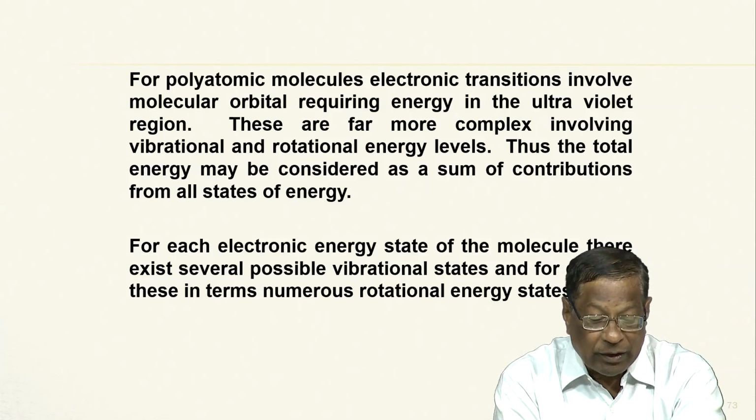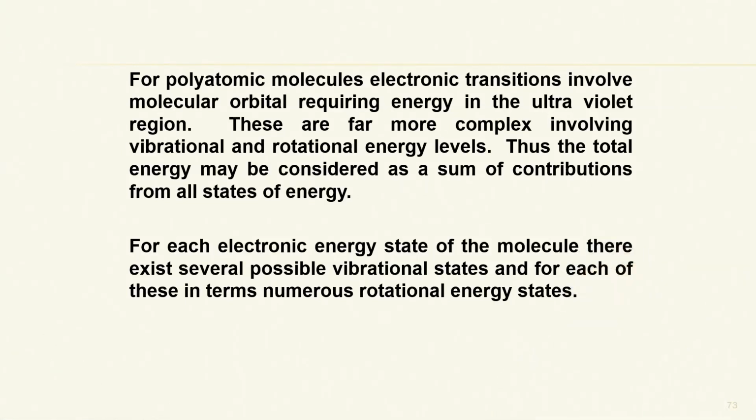For each electronic energy state of the molecule, there exist several possible vibrational states, and for each of these vibrational states there are numerous rotational energy states. So, this is what I was trying to explain to you. Many molecules may be in different vibrational energy levels and different rotational energy levels.